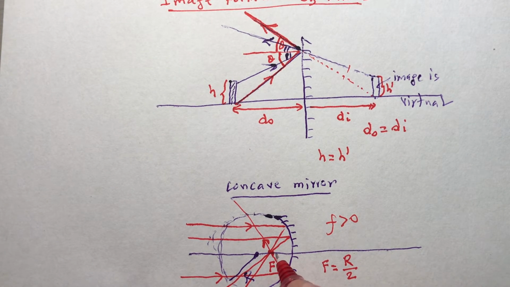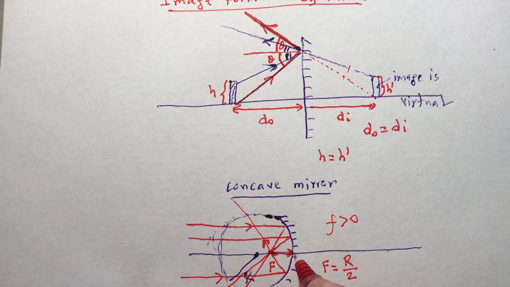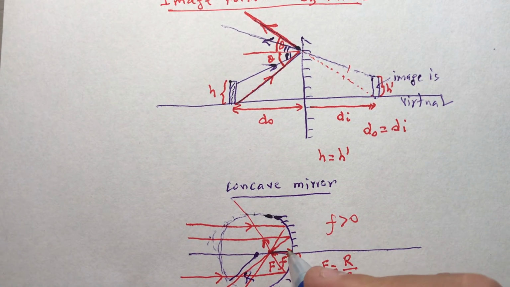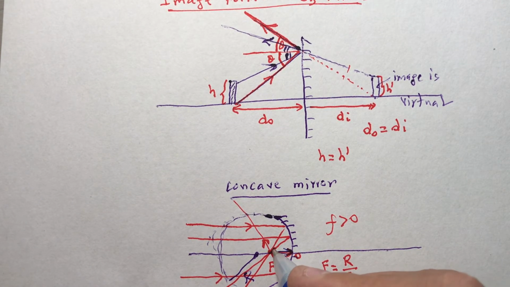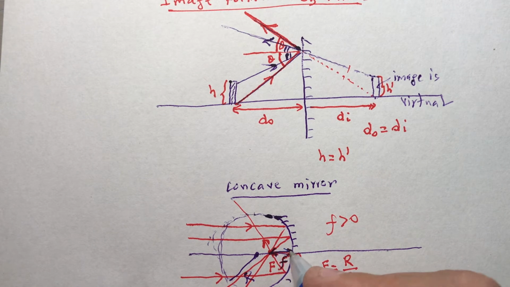And the focal distance is this one. From the focal point to that point here, I call it O. So let me use a different color. That's the focal distance from here to there. And this is here the focal point.